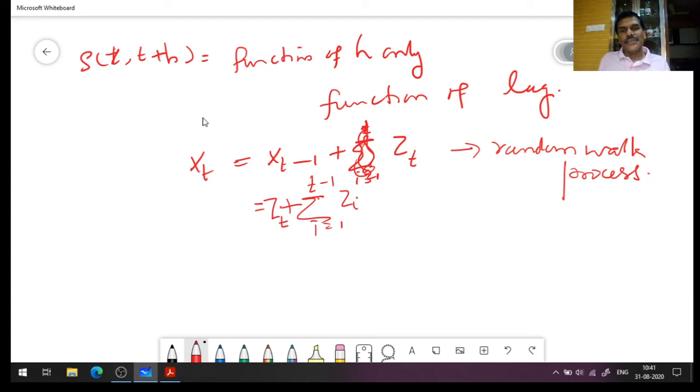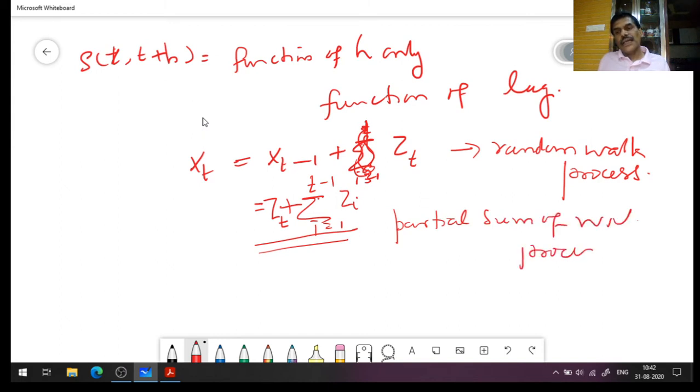So essentially this is a partial sum of a white noise process, and that leads to a kind of non-stationarity.